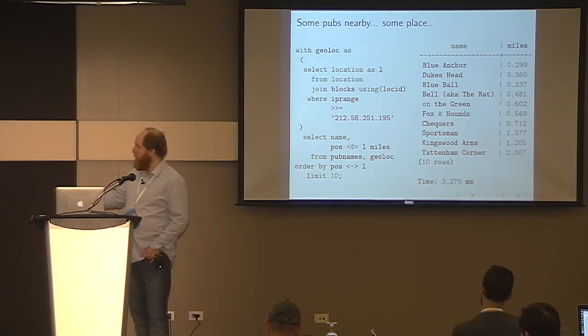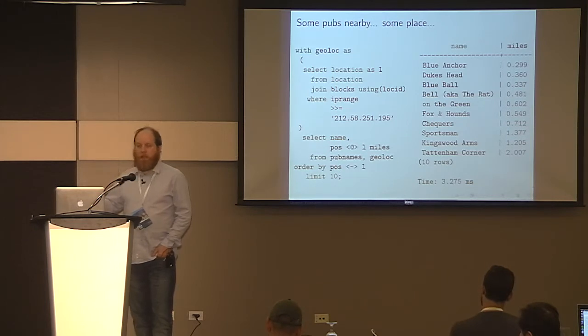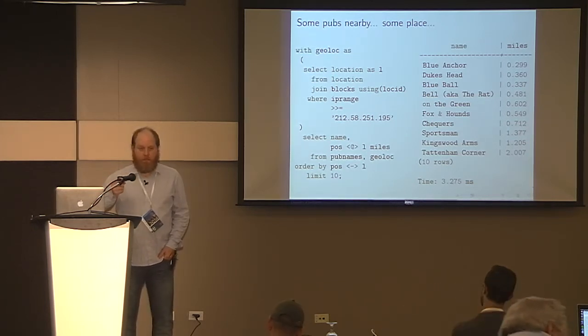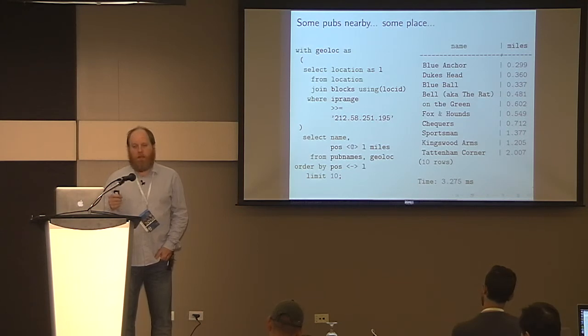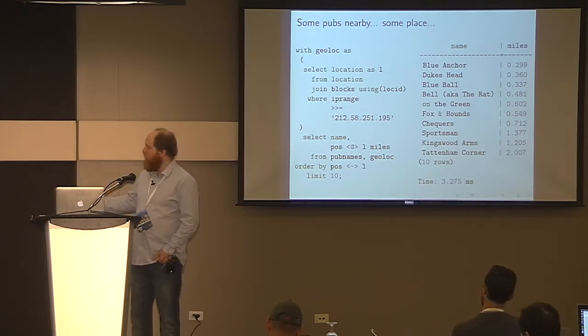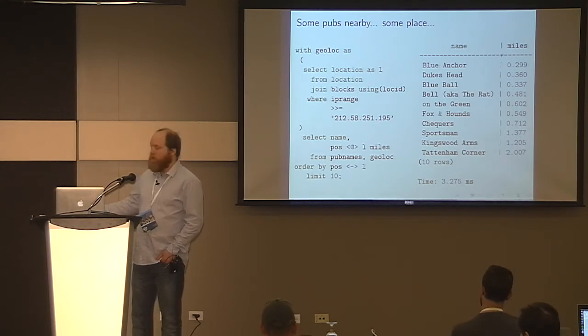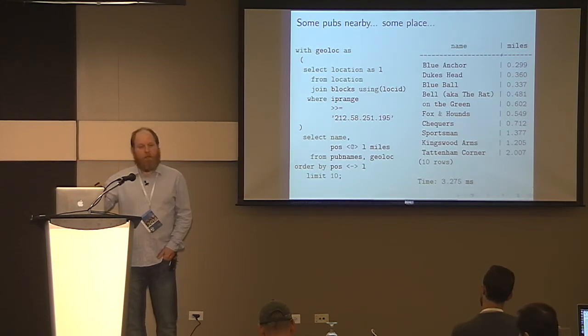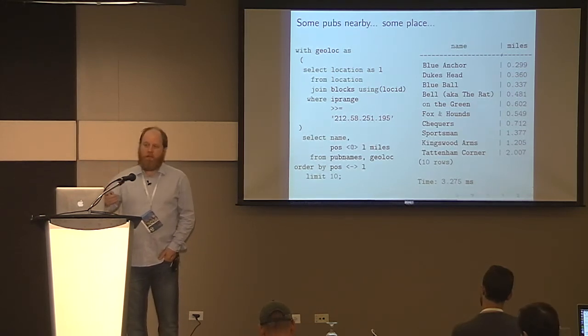So here in the query, there is nowhere we are explaining how to do the lookups. We are only explaining that we want to find the location from the IP address and then use that to find the pubs around it. So we are still thinking of the problem we have, not how to solve it.